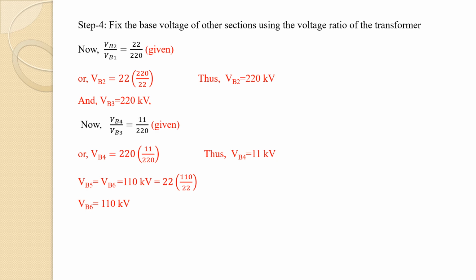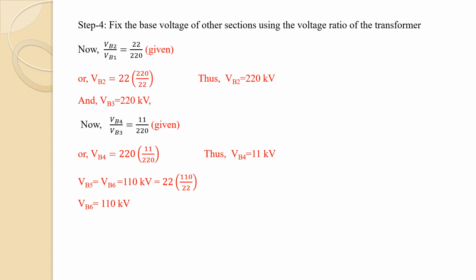Similarly, for section B, in which bus 2 and bus 3 are lying, we have designated the voltages of these buses as VB2 and VB3. For section C, bus 4 is lying, so we have designated the voltage of this bus as VB4. And similarly, bus 5 and 6, which are in section D, the voltages have been defined as VB5 and VB6. Now we need to find the base voltages of all these buses.